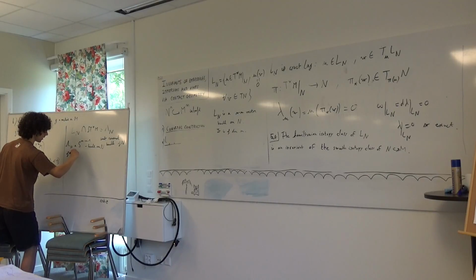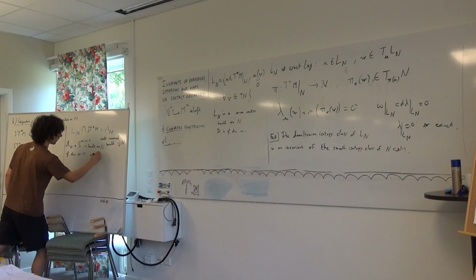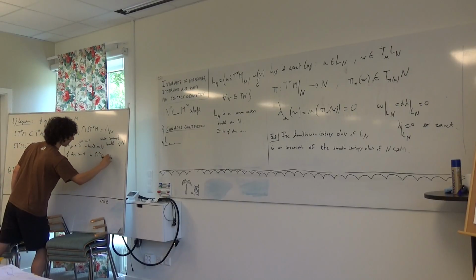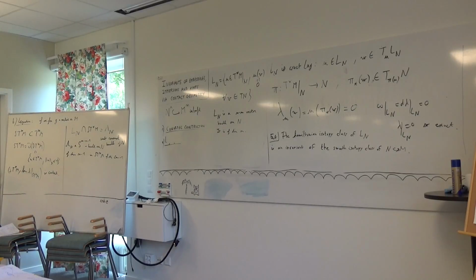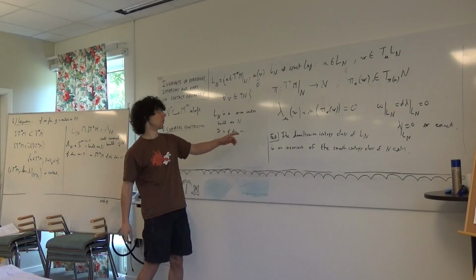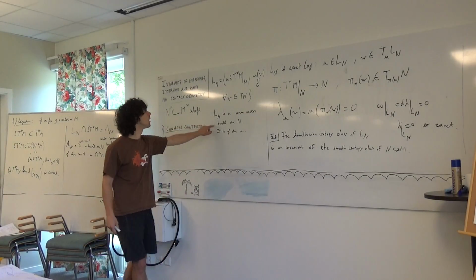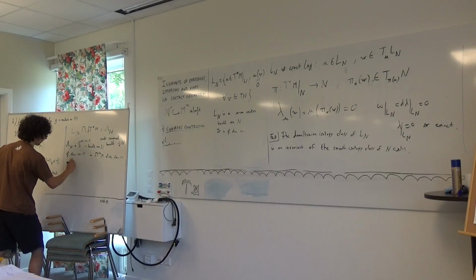Dimension m minus 1 in ST*M of dimension 2m minus 1. And it has to be Lagrangian because it's a boundary of the Lagrangian L_N in the complex hypersurface ST*M. So it's Lagrangian.